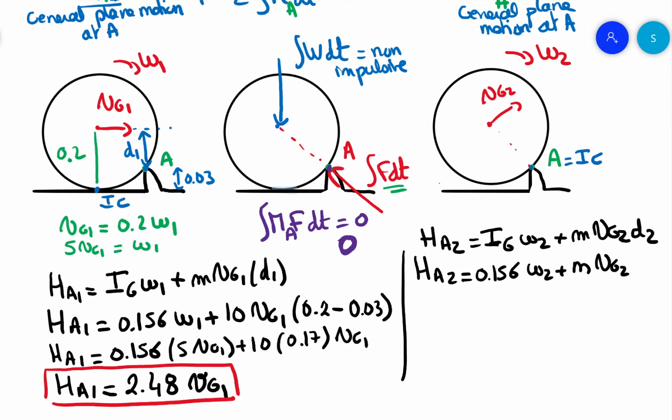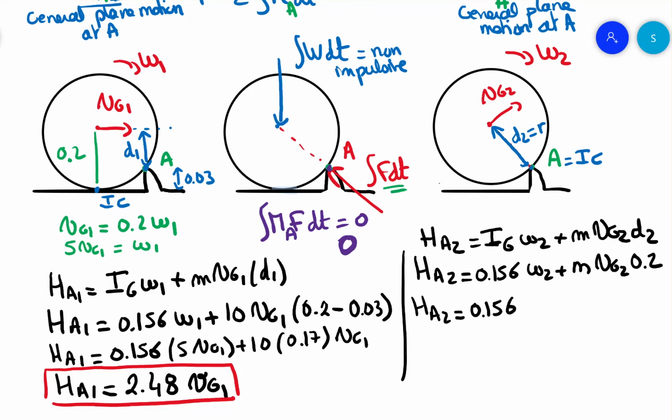What is D2 now? This time D2 is there. That's D2, and this D2 is the radius. So this is 0.2. That's the radius of the wheel. So we have HA2 equal to 0.156.